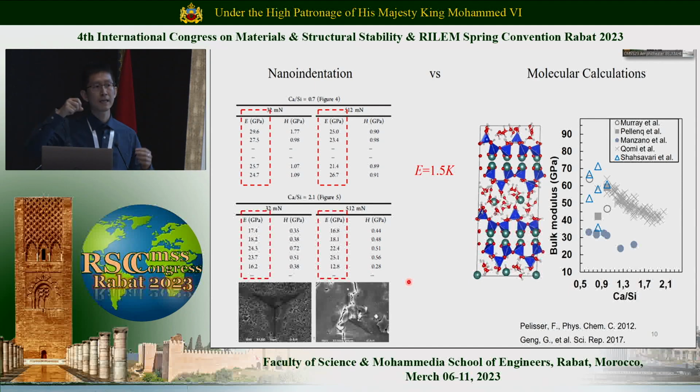You're indenting a porous CSH matrix, and oftentimes you don't know what the porosity of the CSH is. So you have almost no control, and you don't know how to interpret the response of this material to the indenting.